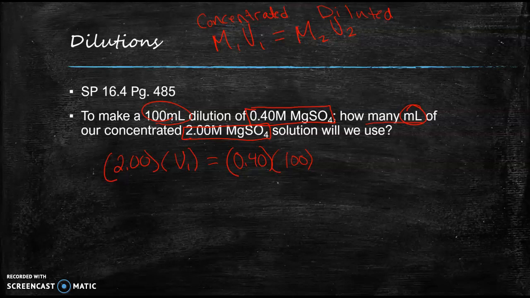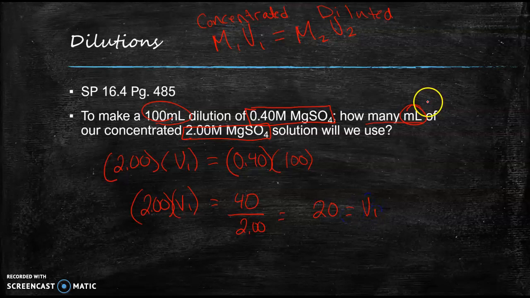Now, we just solve for a variable. 0.4 multiplied by 100 will give us 40. Divided by our 2.00 will give us 20 for volume 1.